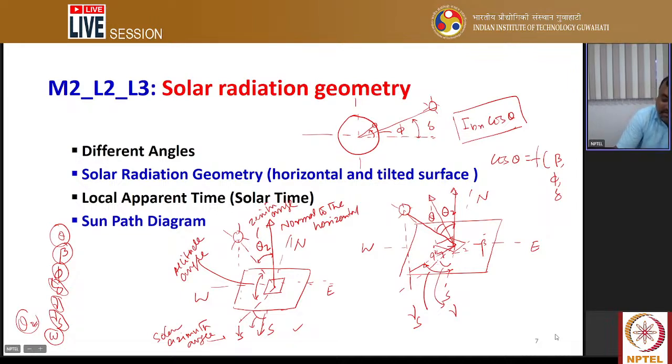So this delta is 0 in case of equinox, and it is minimum, minus 23.45 degree, on December 21, and it is plus 23.45 degree on June 21.